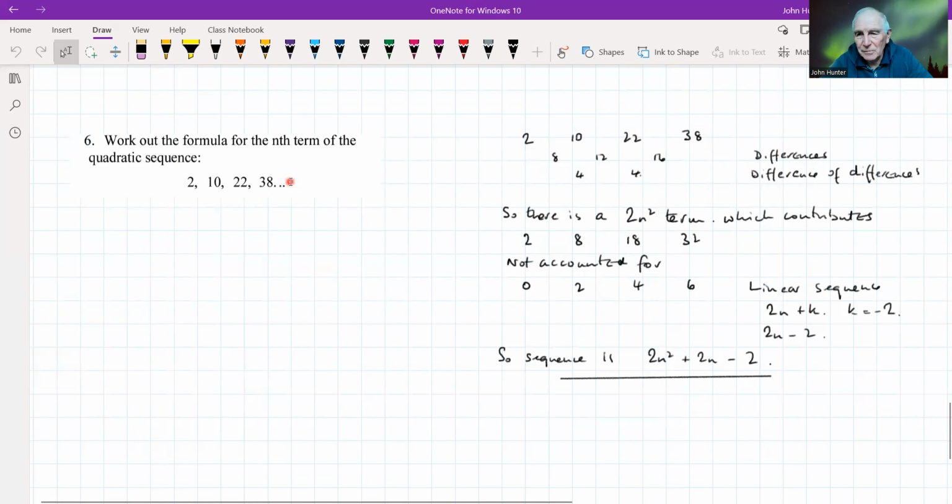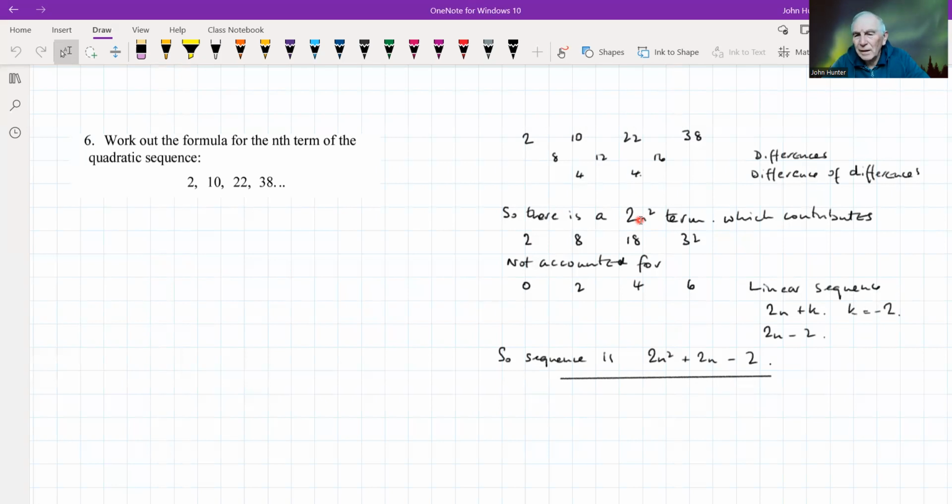So we might find some formula which predicts the 5th term to be something, but it might be something else, following some other pattern. But this says it's a quadratic sequence, so that's fine. So we know that the differences of our differences give us this 2n squared. So it's going to be 2n squared plus something n plus some constant.